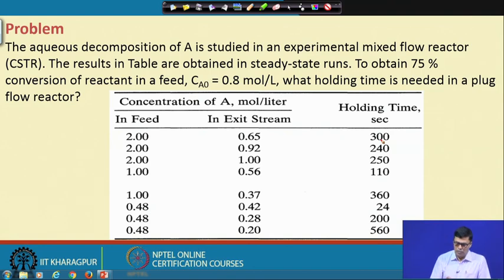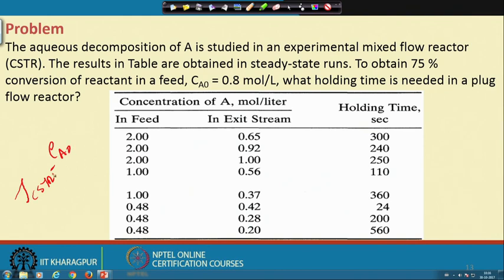Now, one thing I want to point out as far as the CSTR is concerned: when you calculate tau CSTR, it equals Ca0 minus Ca divided by minus Ra. Am I right? So the feed stream is there and the exit stream is there, so time is required.